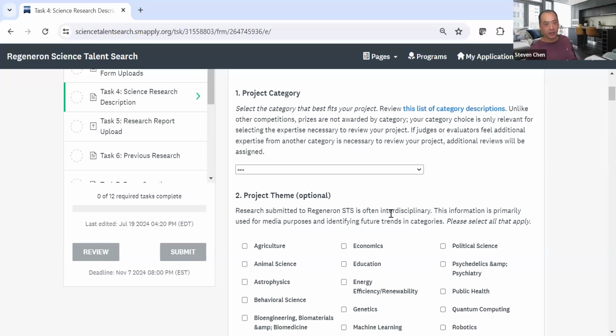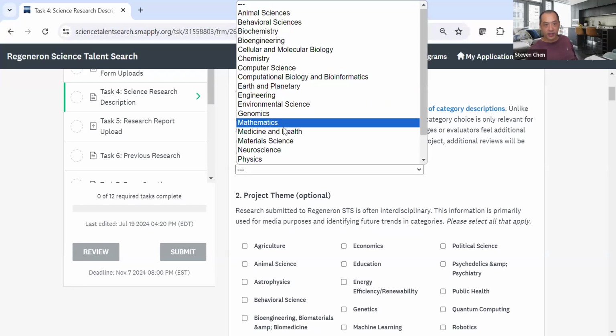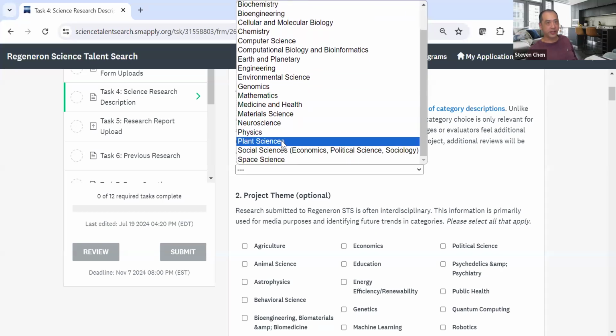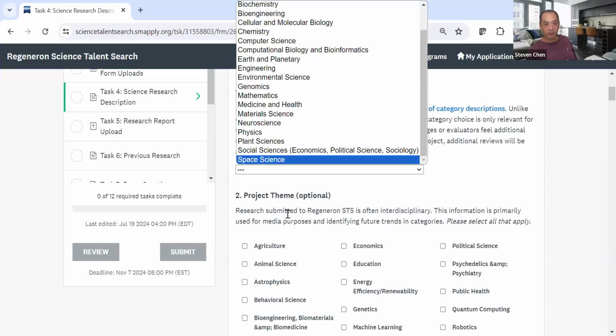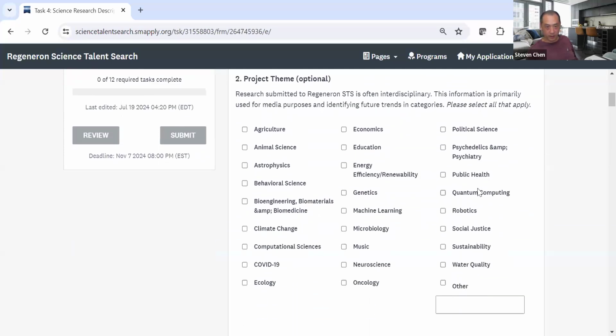They cannot be in conflict. For instance, if I choose physics as the category, but for the project theme I choose agriculture, maybe these are totally irrelevant. That is not good, right? So they need to be consistent.